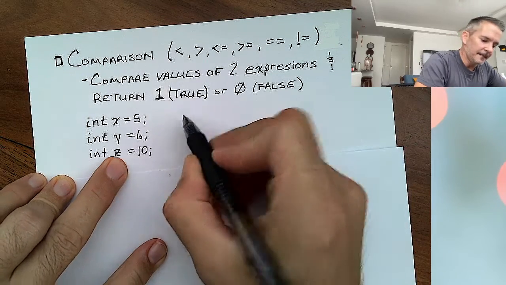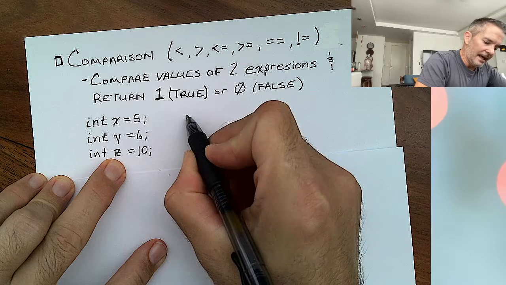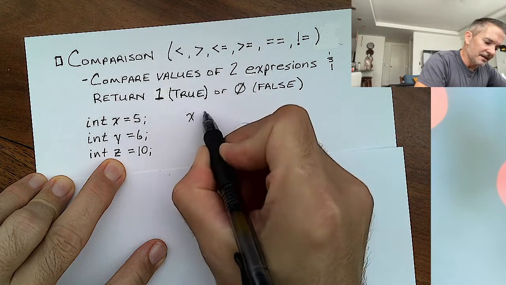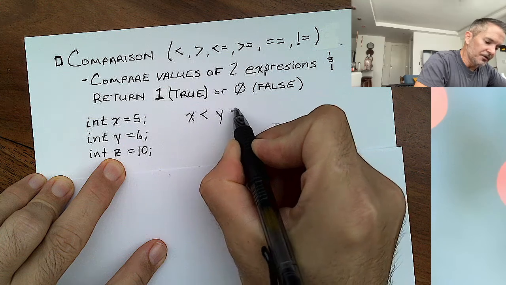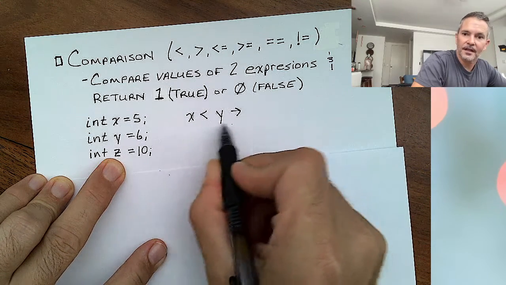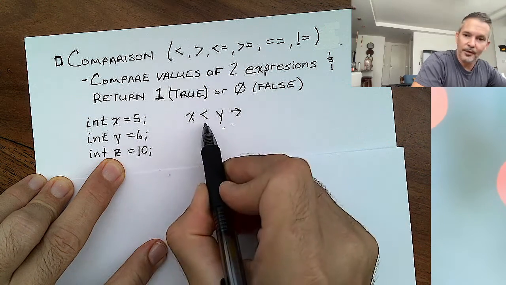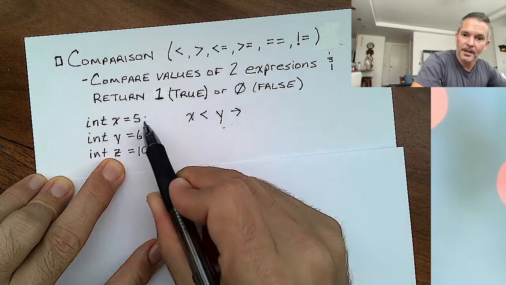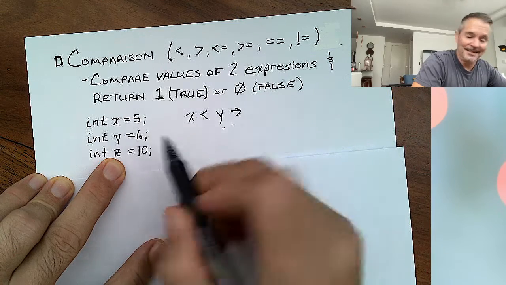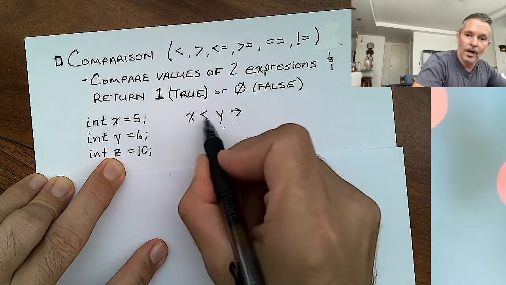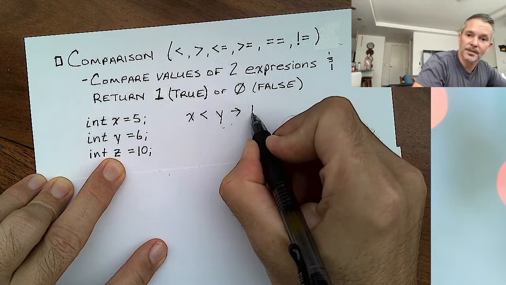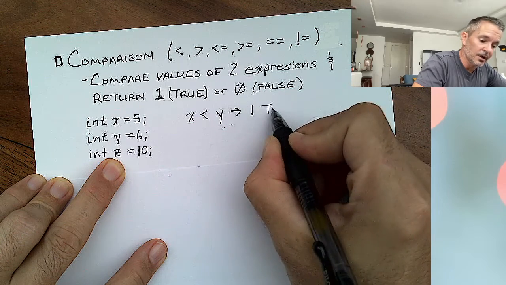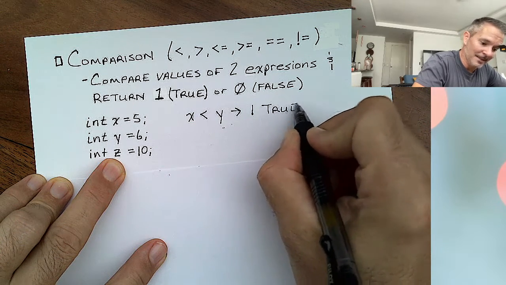I can say x is less than y. The result of this expression, which has an operator and two variables, will be true. X is less than y. So what will come out of this expression is the number 1, which means in the C language, true. That statement is true.